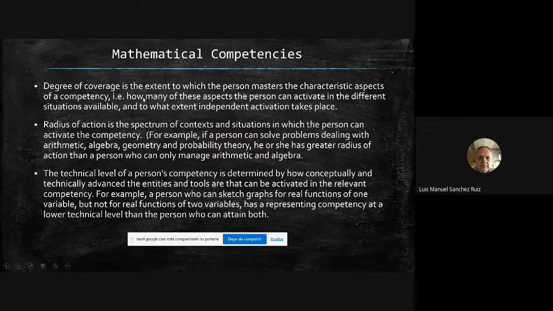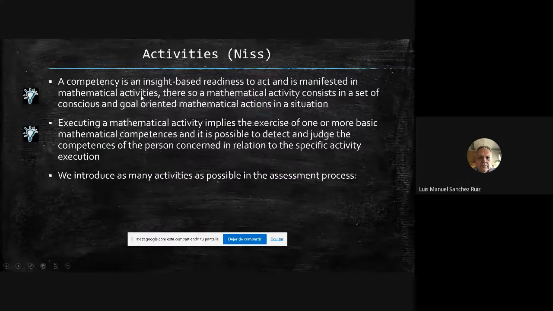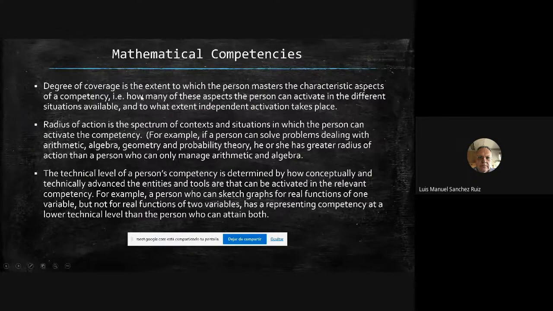That is, how many of these aspects the person can activate in the different situations available, and to what extent independent activation takes place. So it means that you have got a competency, but sometimes you are not skillful enough to realize that you can apply that in a different context.